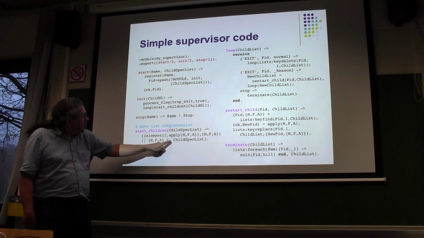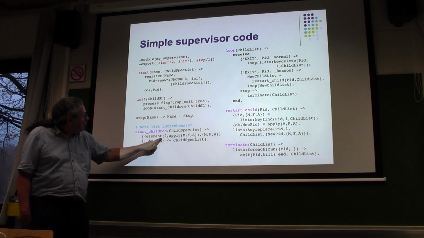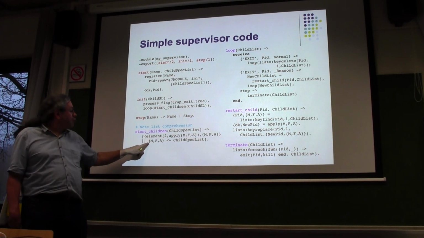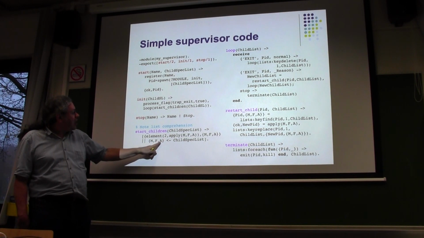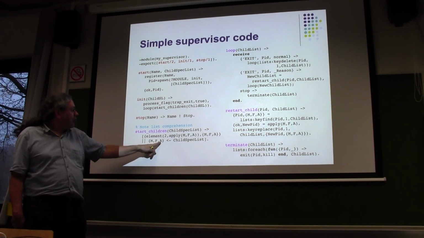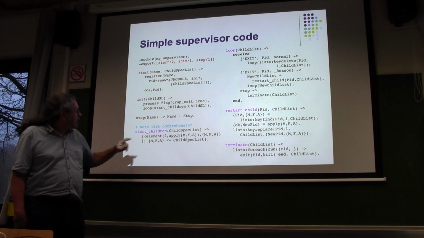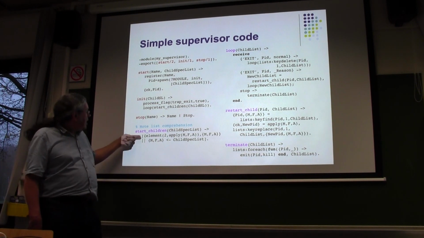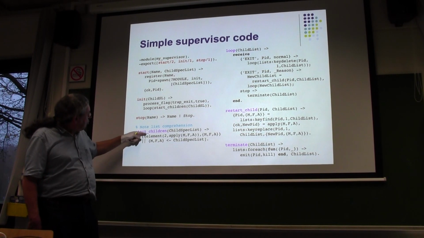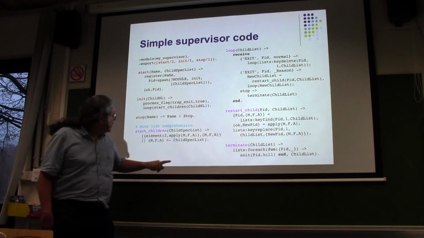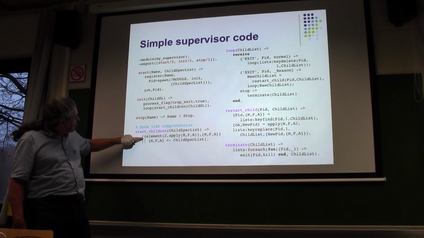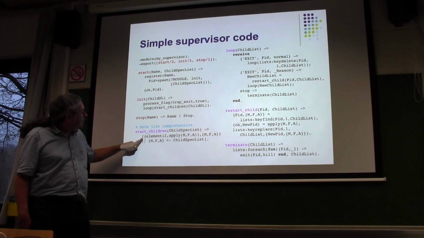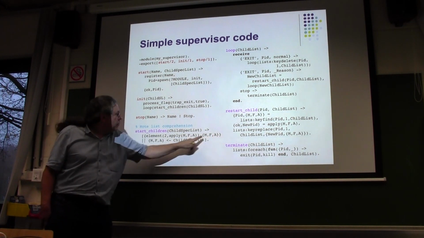So child spec list is a list of triples, module, function, and argument. And this function will actually create a child. And here I have a tuple, so the brace is a tuple. So I'm creating a list, so the bracket is a list. I'm creating a list with two element tuples.